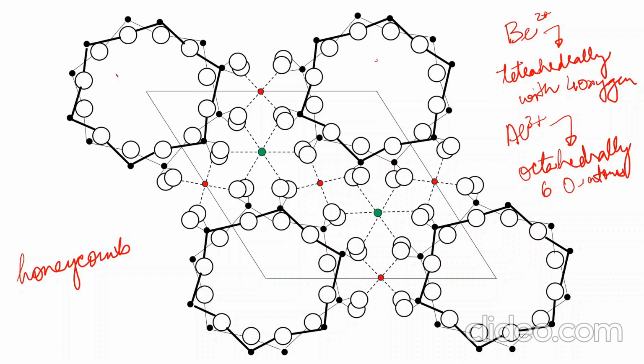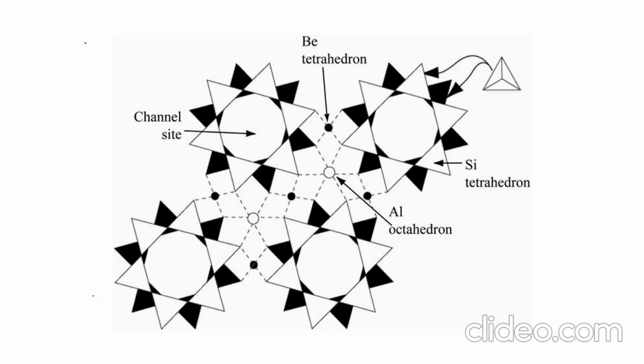Now, other than this, the alkali beryls are also known, which have appreciable amounts of sodium and cesium. So, if you see here, the central part of the rings, this is called the channel site.